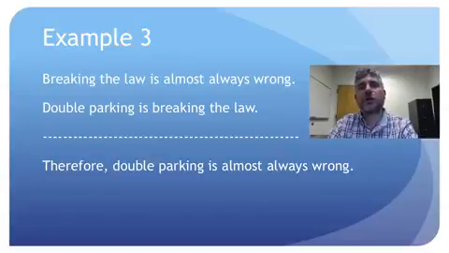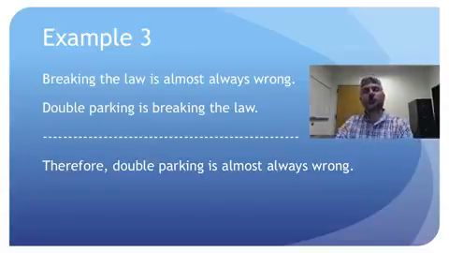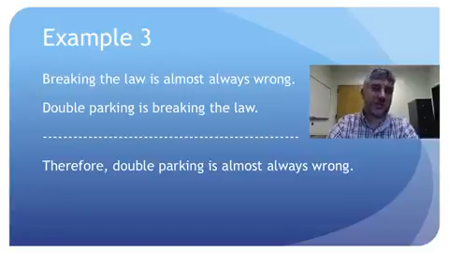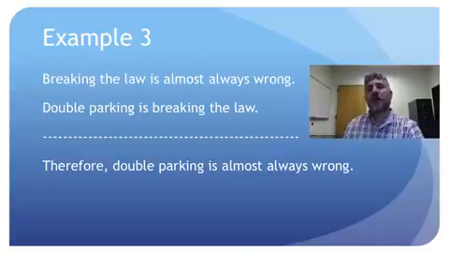It depends on whether the argument contains a generalization to the effect that something always happens or something is true in all cases. If the argument contains a generalization like that, an unexceptional generalization, a generalization without any room for exceptions, then a counterexample can be used to refute that generalization.